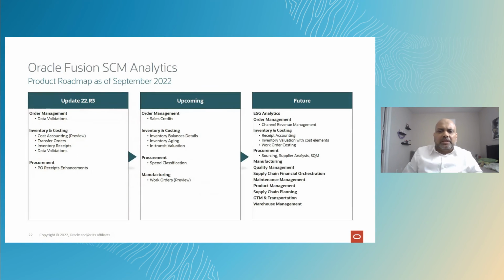Okay. Now, supply chain and manufacturing analytics will include all content from supply chain and manufacturing applications in Fusion. We already have robust coverage on order to cash and procure to pay and inventory, and are working on planning and manufacturing in upcoming releases.